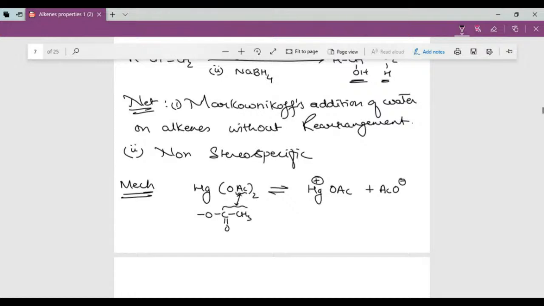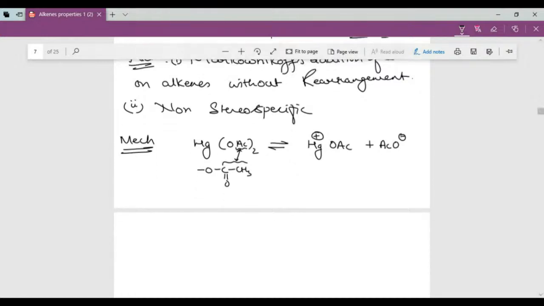Okay, acyl. Now, my step number 2: alkenes will certainly be attacked by cations. So this HgOAc with a positive charge will be attacked by this alkene like this.